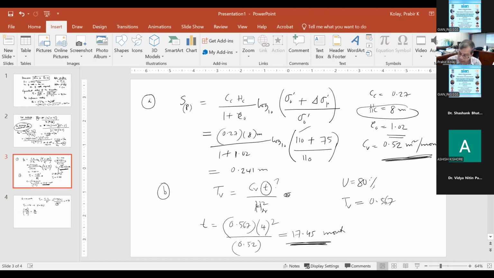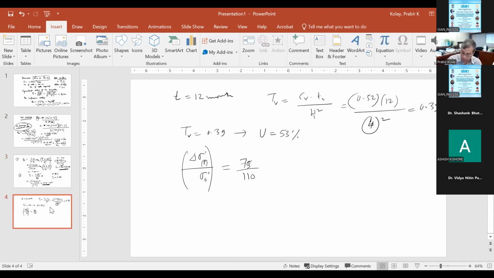So 75 and 110, that's the one we mentioned. You're using the same values over here, so you're getting around 0.682. And then there is an equation to use to calculate how much will be the delta sigma final effective pressure.